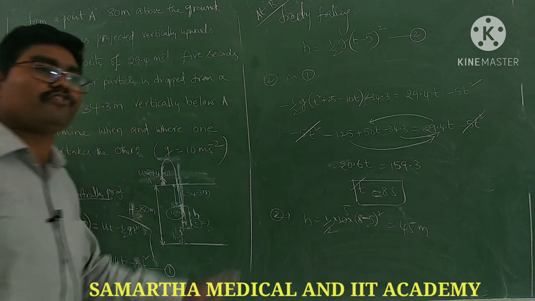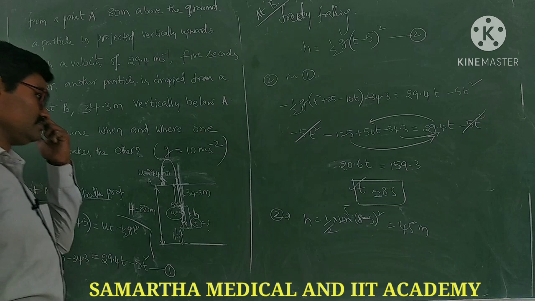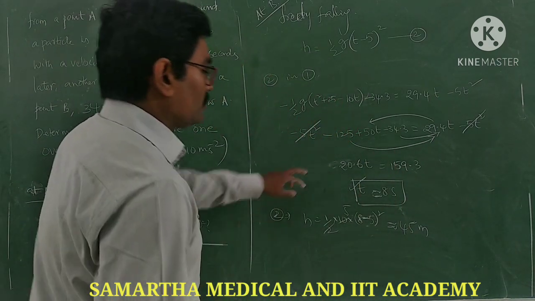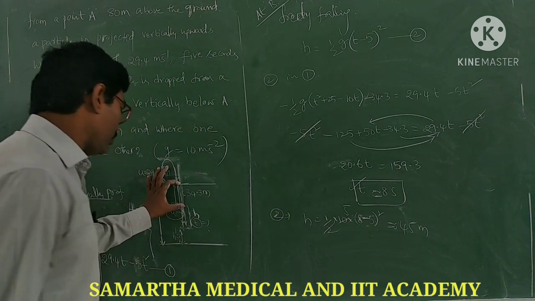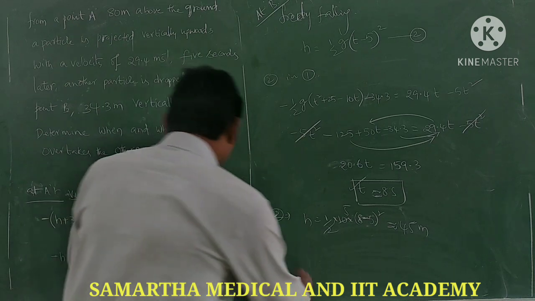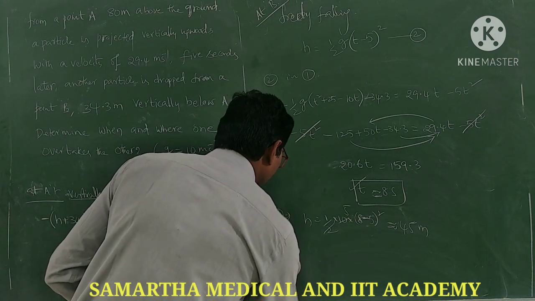Around 45. So this is 34.3, and this is around 45 meter. So the height from ground, the meeting distance from ground.